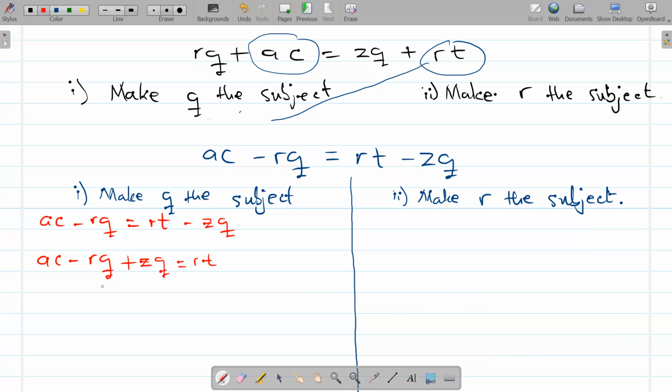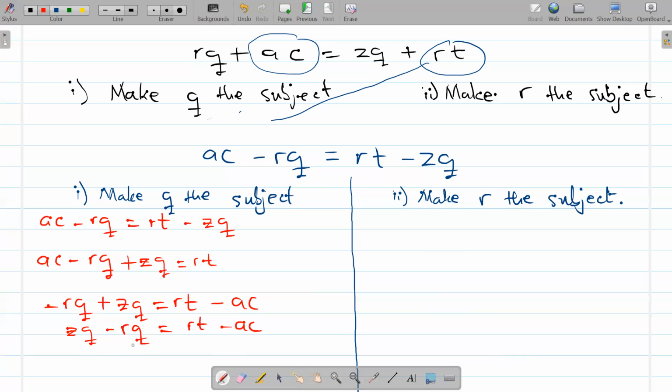So I have minus RQ plus ZQ is equal to RT. This moves, it becomes minus AC. And minus RQ plus ZQ can be written as ZQ minus RQ is equal to RT minus AC.